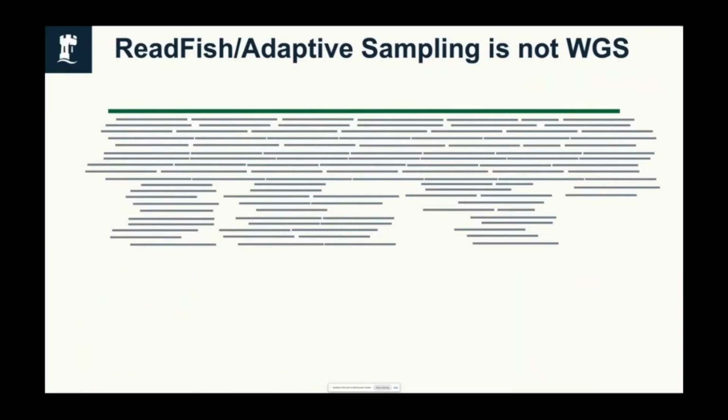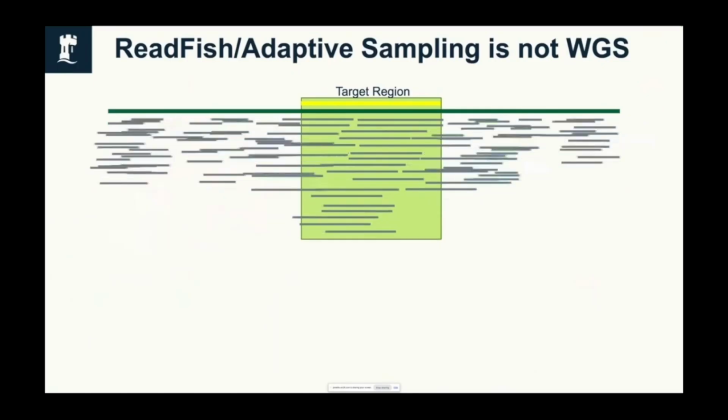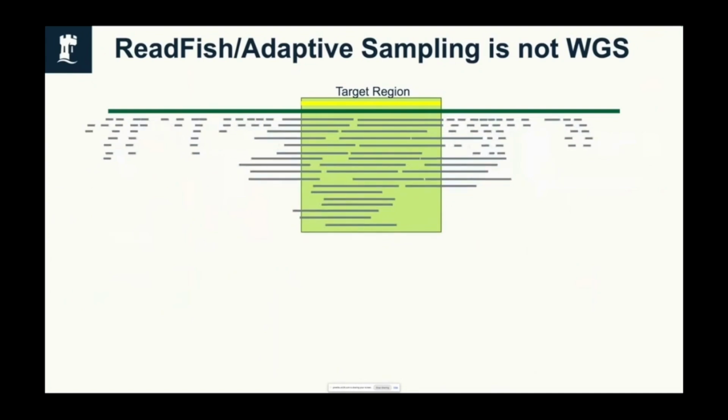But when you're running adaptive sampling, you're targeting a particular region of the genome for sequencing, and that target region is going to influence the data that you get. And essentially what you're doing is you're choosing to make those molecules that overlap with your target long, and the molecules which don't overlap with your target to be short.